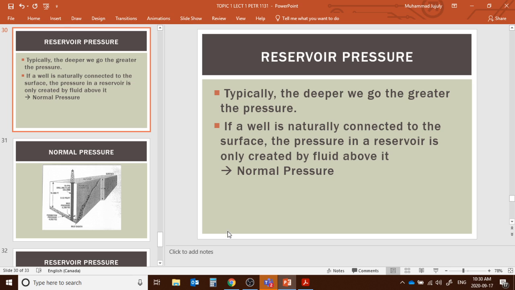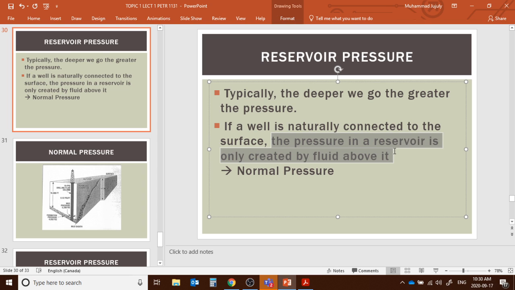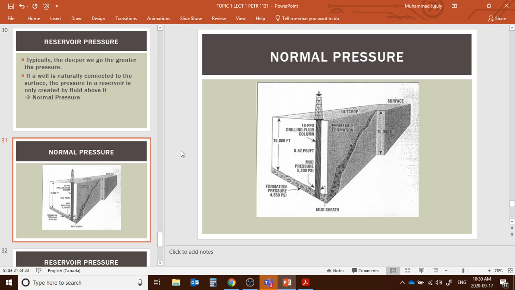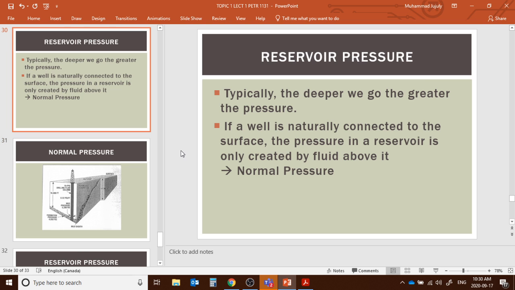Remember, the pressure in a reservoir is only created by the fluid above it if the oil is naturally connected.